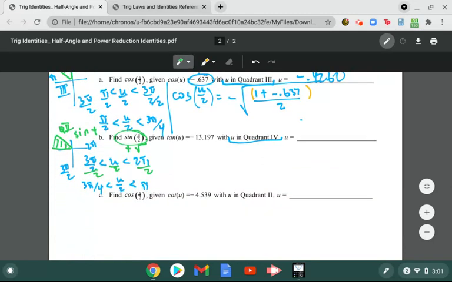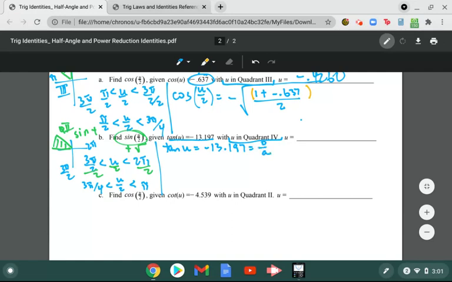So for my next step, let me go back to my blue pen. I'm going to work with my given trig value, which is this guy. I'm going to use SOHCAHTOA. I know that tangent is opposite over adjacent. So tan u is negative 13.197.